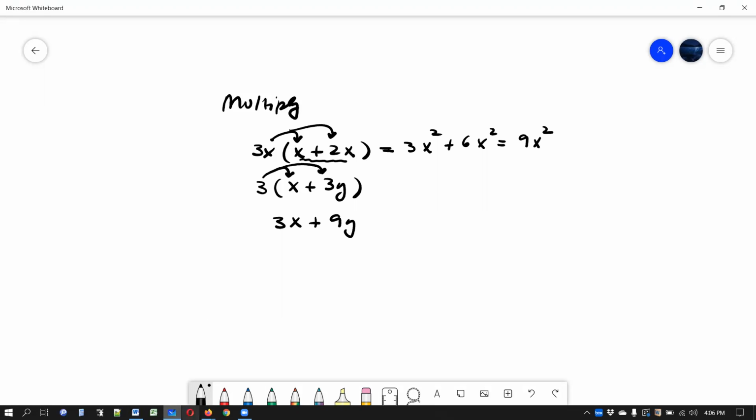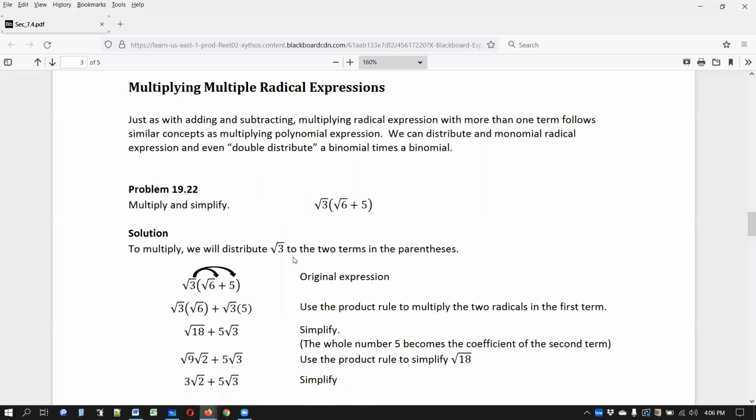Now, in the case of radicals, it's exactly done the same way. The most important thing that you have to keep in mind, as we've said before, is that because both of these numbers are inside of the radical, they remain inside of the radical. So once this multiplication takes place, you will get radical 18. And this number does not multiply the 5.